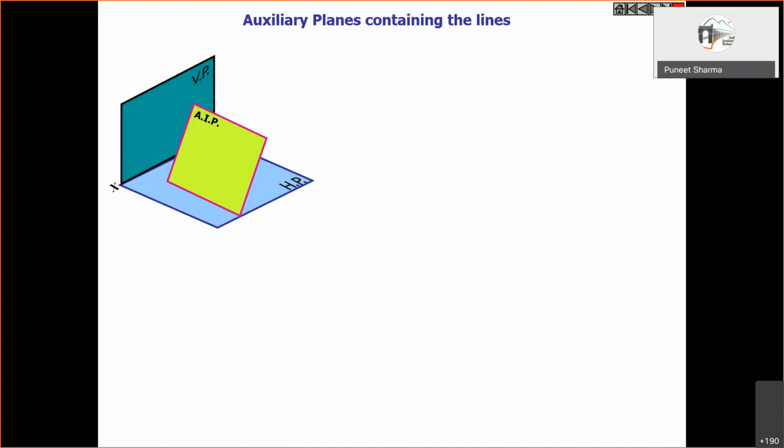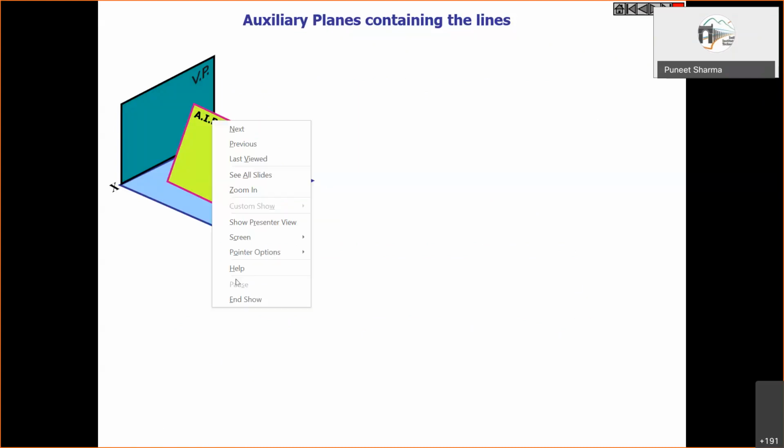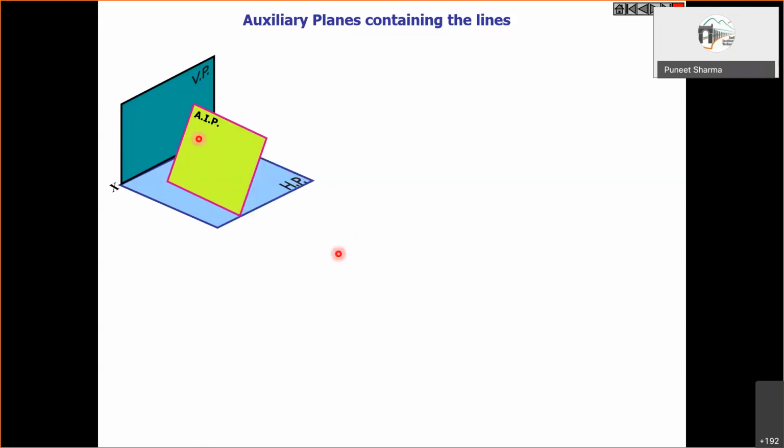This is an auxiliary inclined plane. You can see this one is inclined to the horizontal plane, but it is perpendicular to the vertical plane, as we were discussing, right?